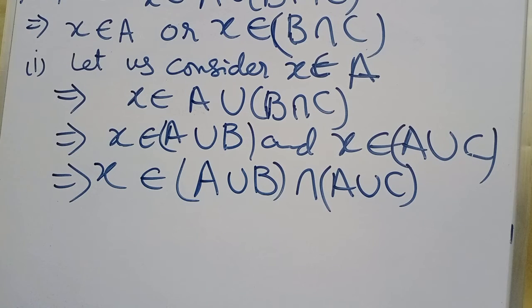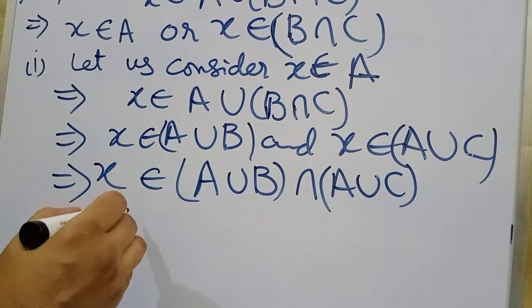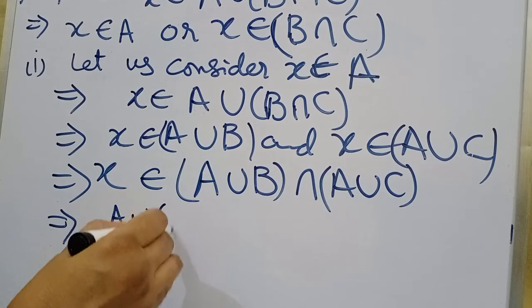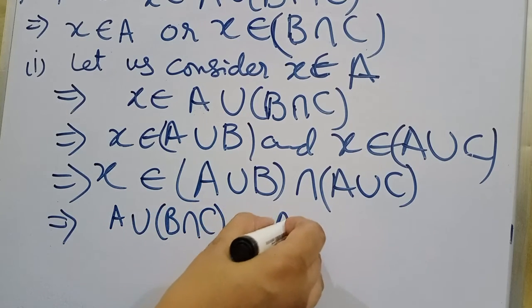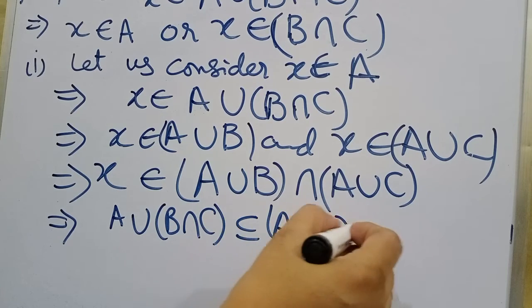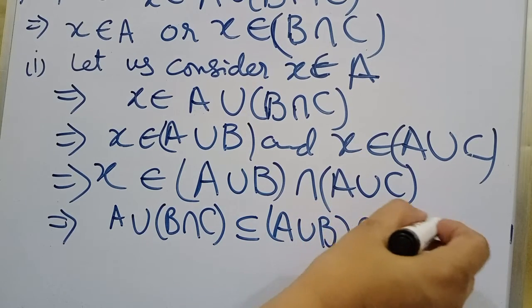So we can say that A union (B intersection C) is a subset of (A union B) intersection (A union C).